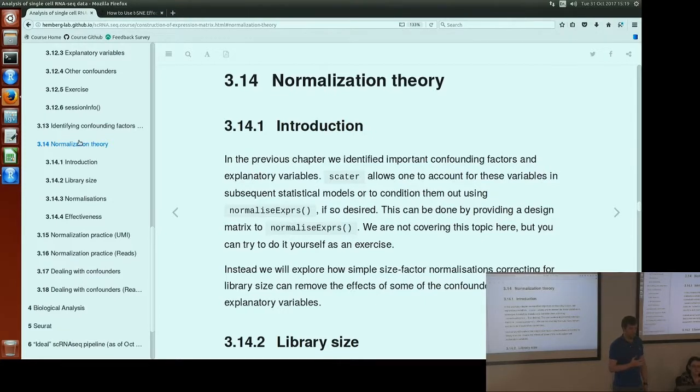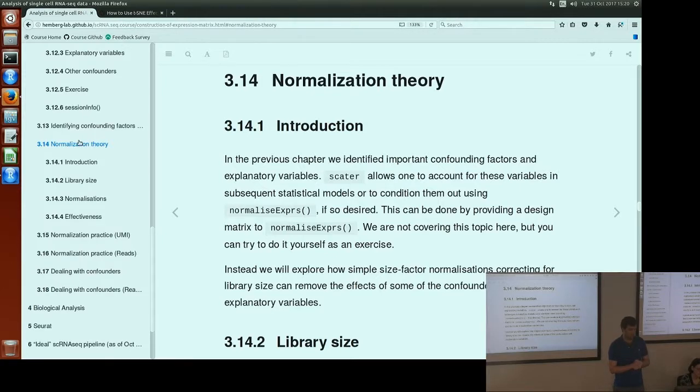If we have a set of variables that we want to regress out of our expression values, then we can provide what's called a design matrix. If you don't know what that is, then I can explain that down the line, but fundamentally it's turning those individual factors that we want to regress out into a matrix that contains all of that information that we can provide to a linear model.